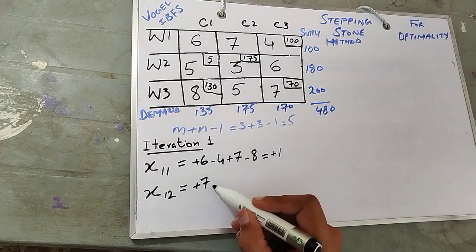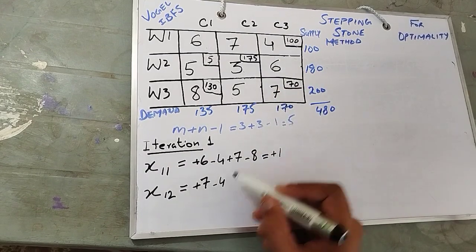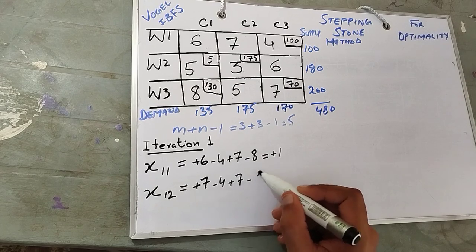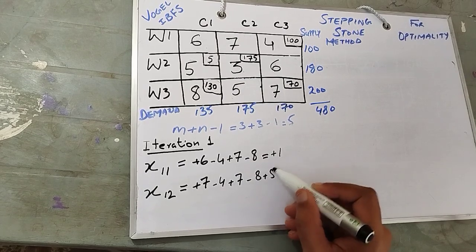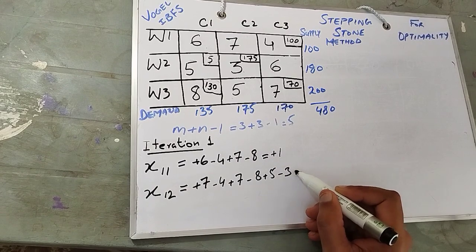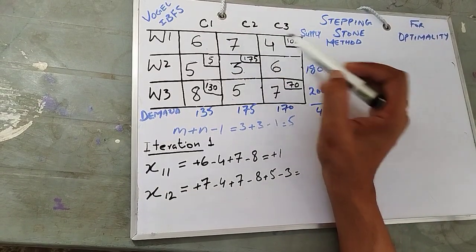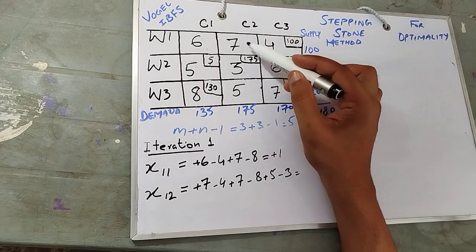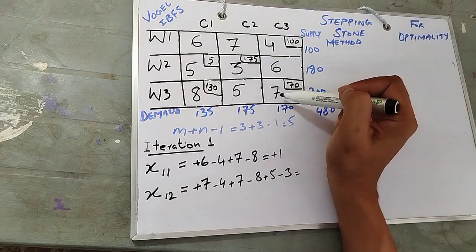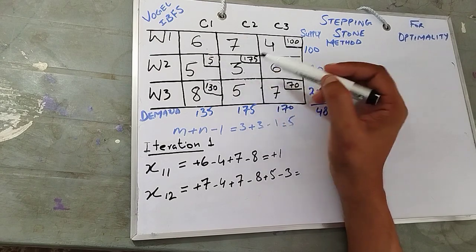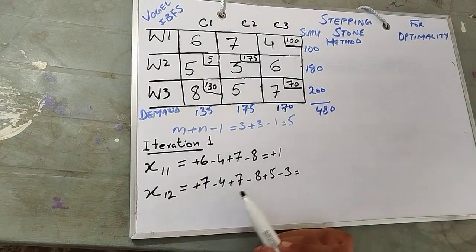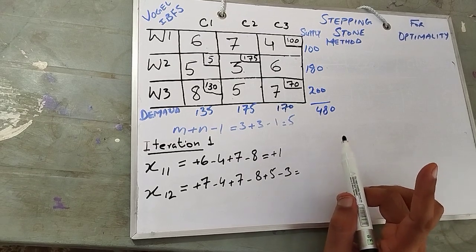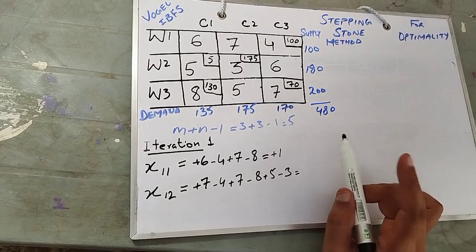Plus 7, minus 4, plus 7, minus 8, plus 5, minus 3, plus 7. That is 1, 2, 3, 4, 5, 6. You see, they must always be an even number.